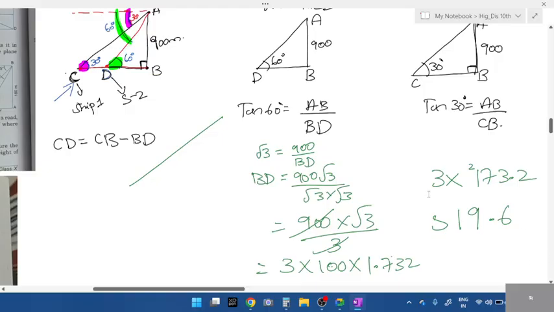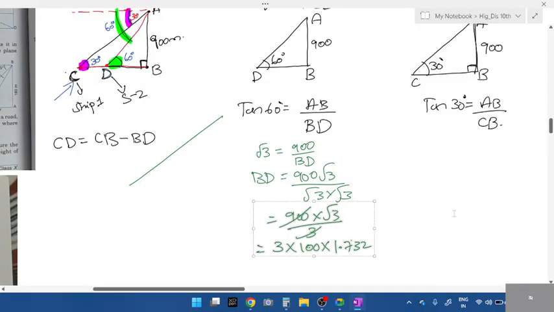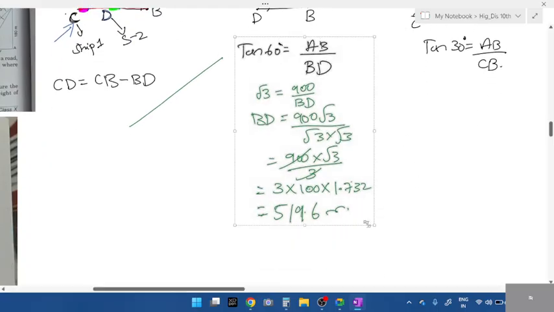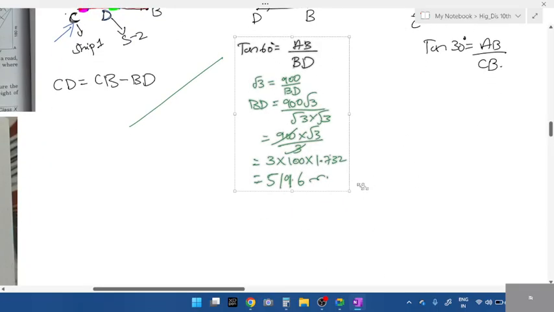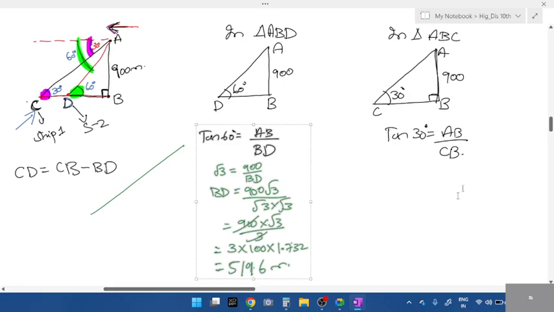I'll erase all this calculation part. Okay, try to convert. You'll get 519.6 meters. Try the next one, tan 30. See, even for tan 30, if you want, you can convert. Okay, what is tan 30, students? 1 by root 3 is equal to 900 divided by CB.